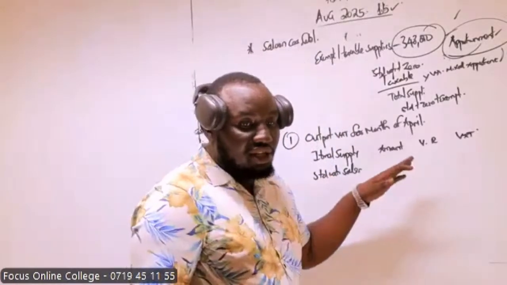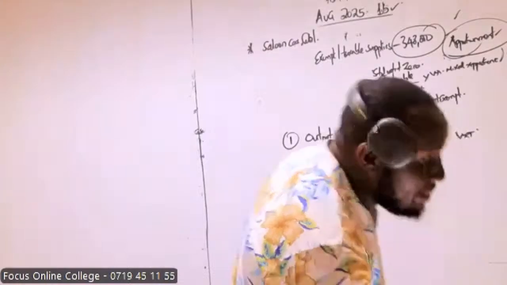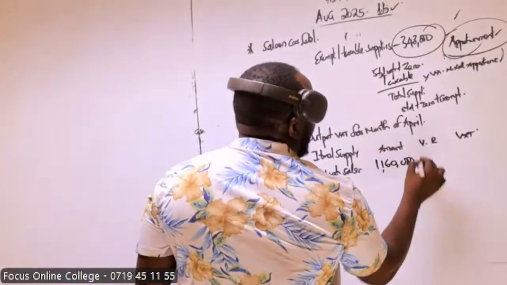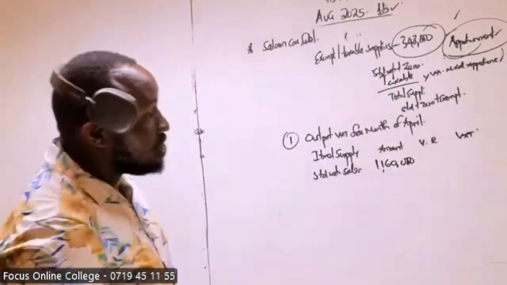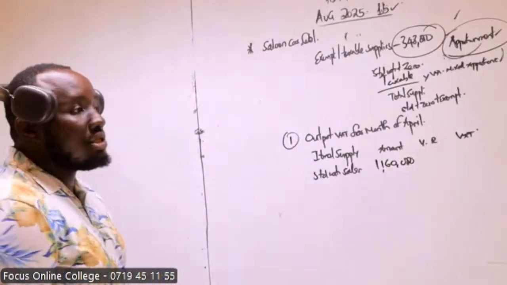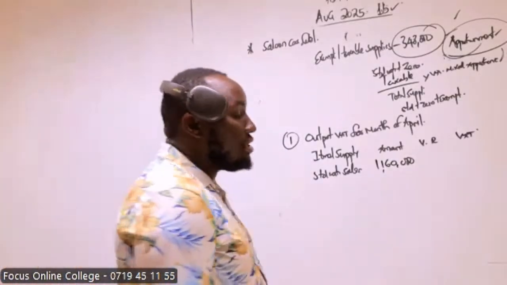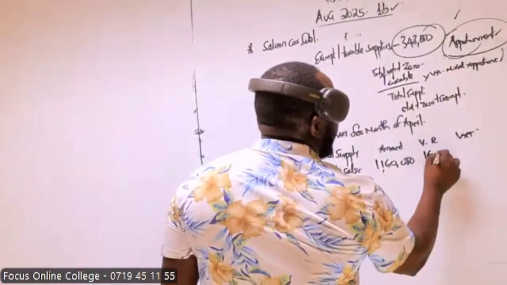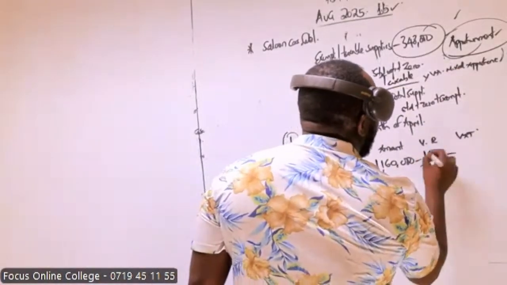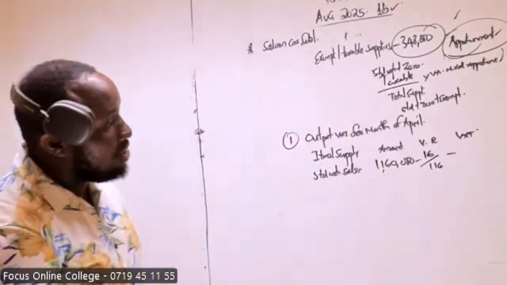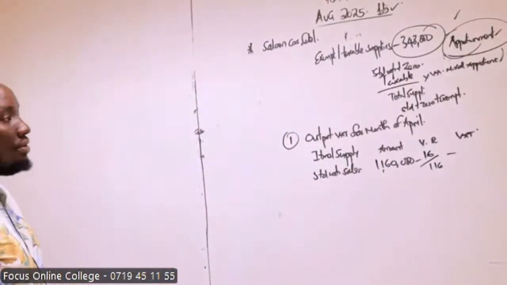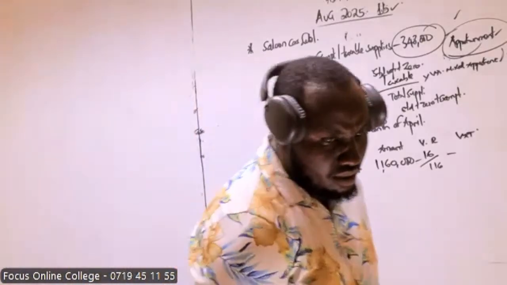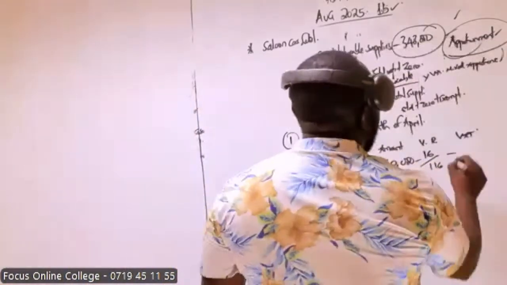The figure for the standard rate sales is 1,160,000. What is the rate that we're using based on this question? Are we using 16 over 100 or 16 over 116? We are using 16 over 116. So that should be 160.